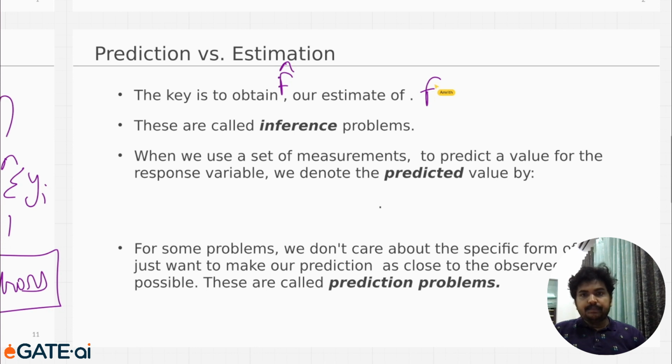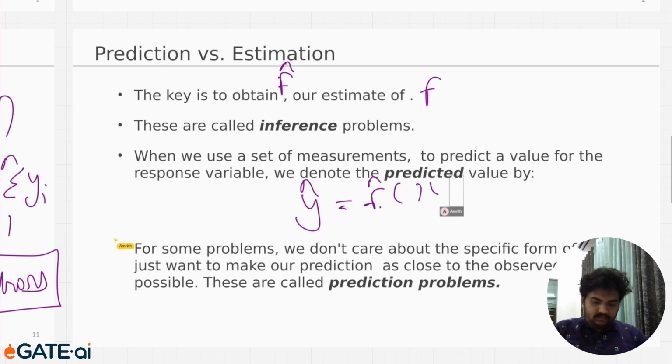So for a problem like regression, the key is to obtain f hat, and these are called inference problems. So when we use a set of measurements to predict the value for the response variable, or the target, we denote the predicted value y hat, which is again nothing but f hat of x.